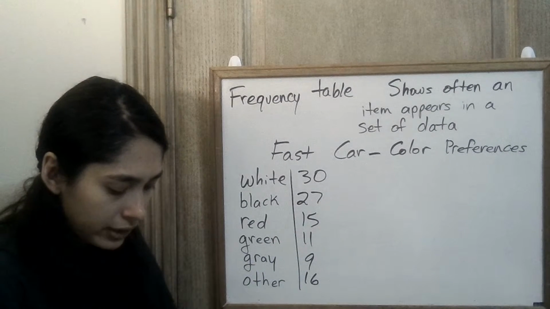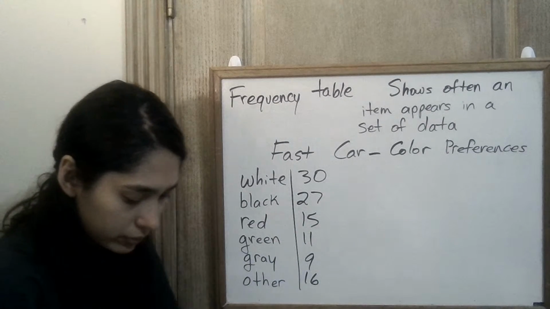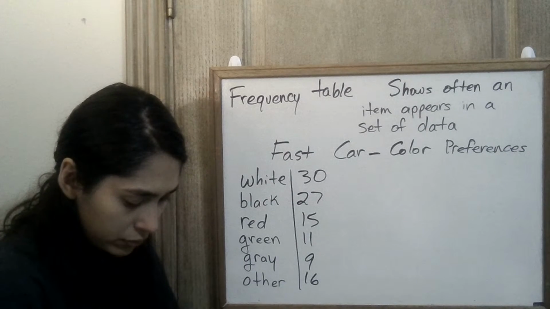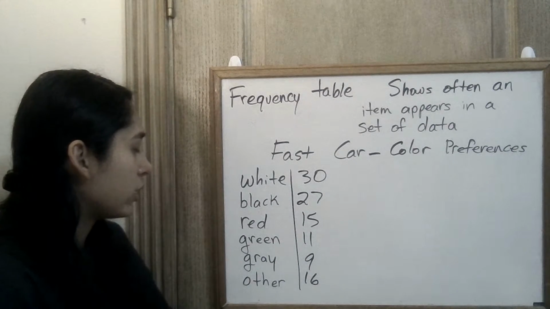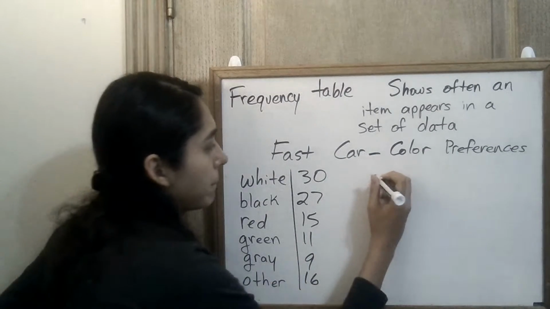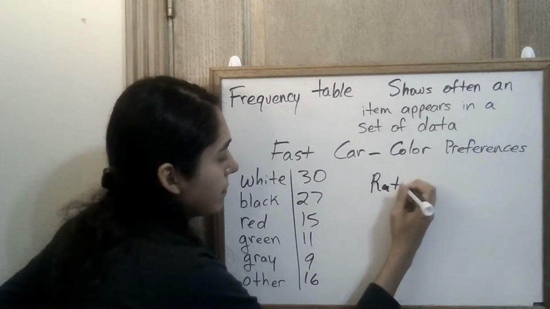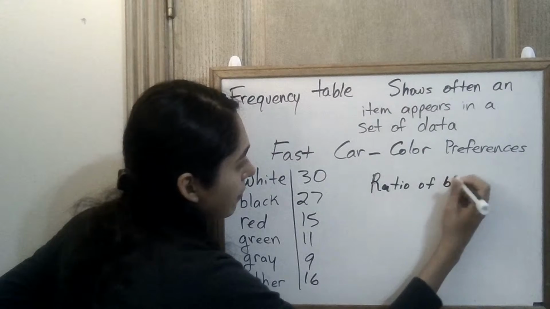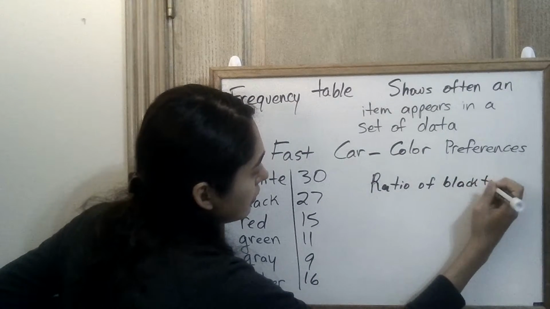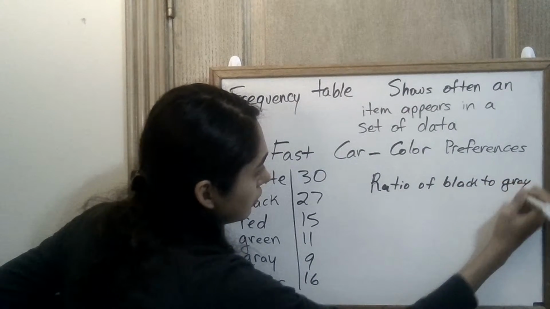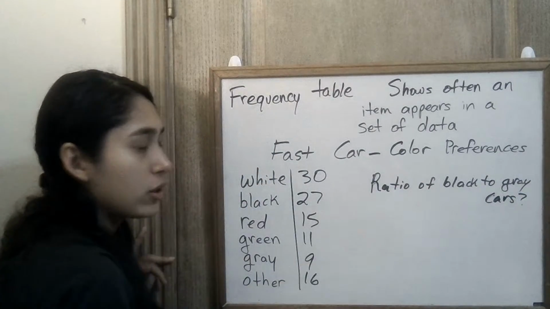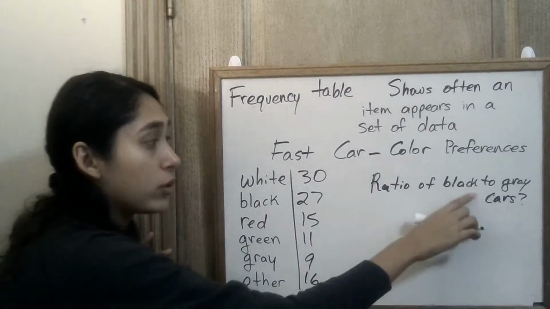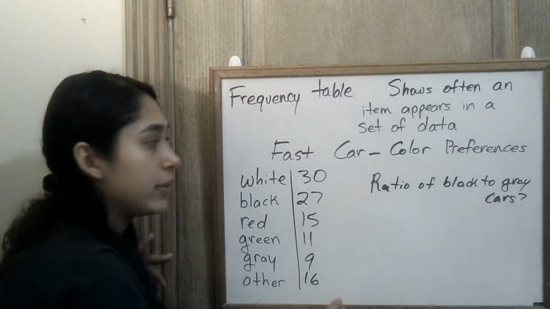So right now we want to find out what is the ratio from black cars to gray cars. Right? Black went first before the word 2, so we know that's going to be a numerator.